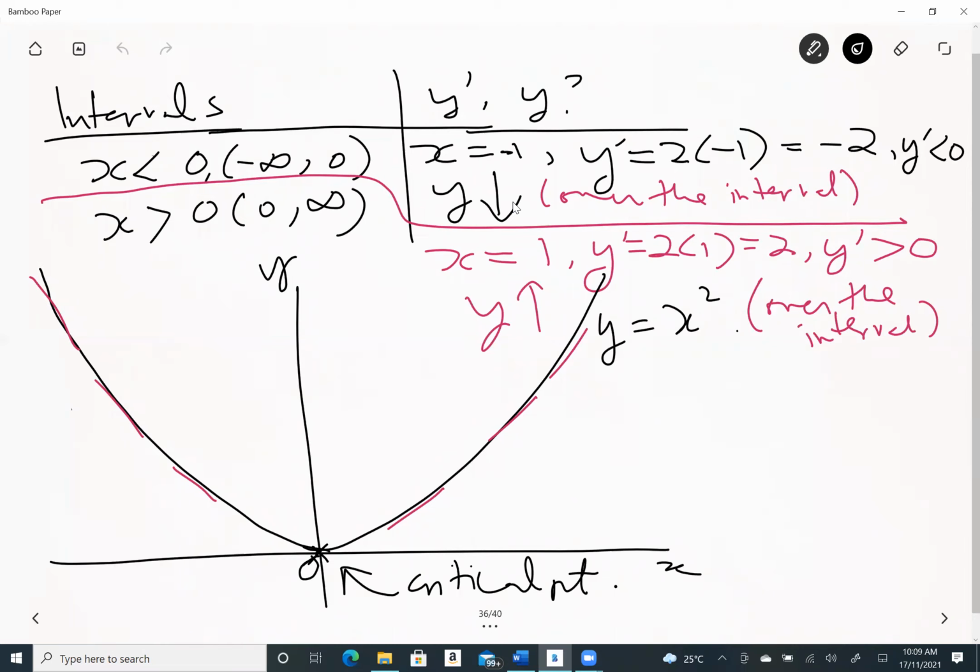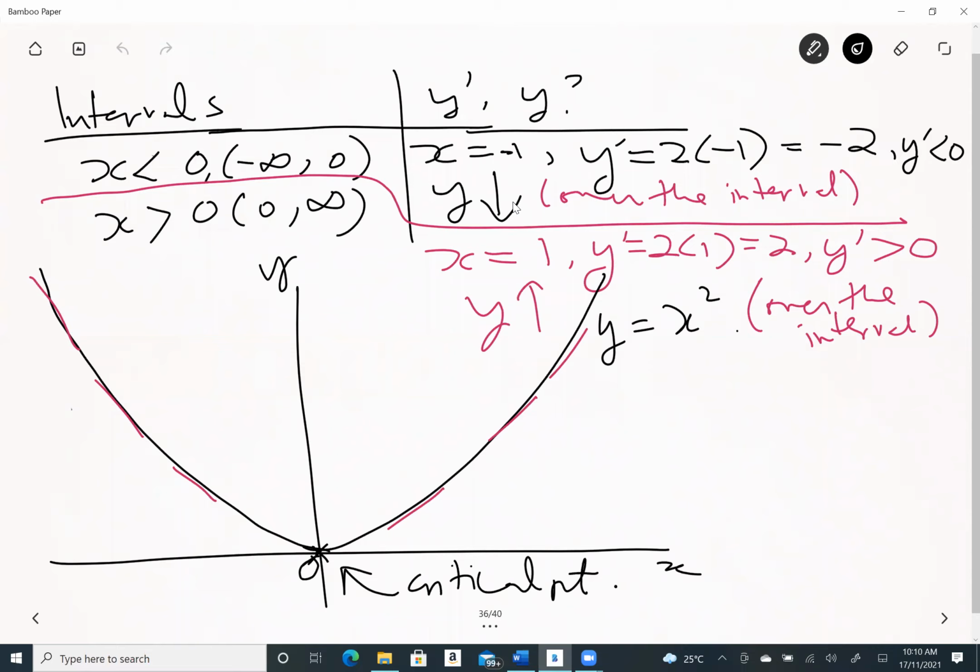So if you have the function decreasing from the left, in other words, y prime is negative, and then on the right interval, you have the function increasing, y prime positive.